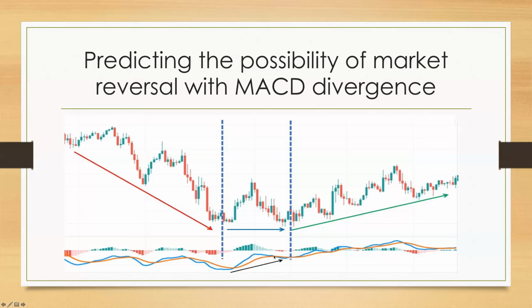They rubbed each other for a while, and then we have it cutting again the signal line in an uptrend. And now it is following the trend. So understand this. One, we always trade with the trend. We trade in convergence when the market is moving in the direction of the MACD.